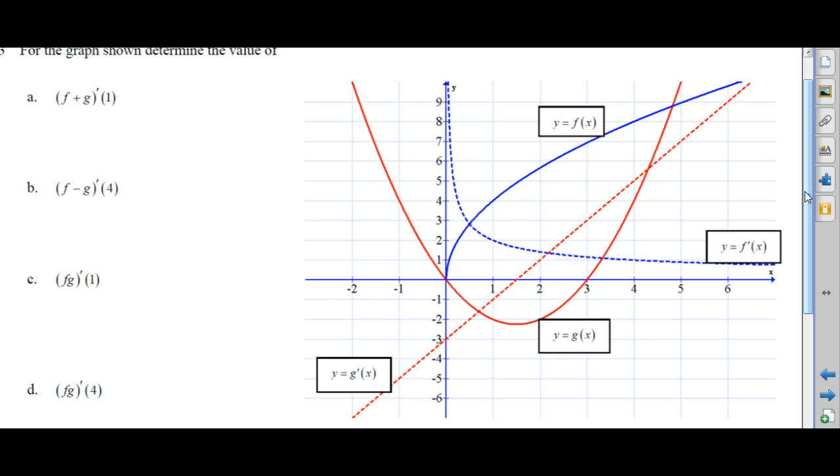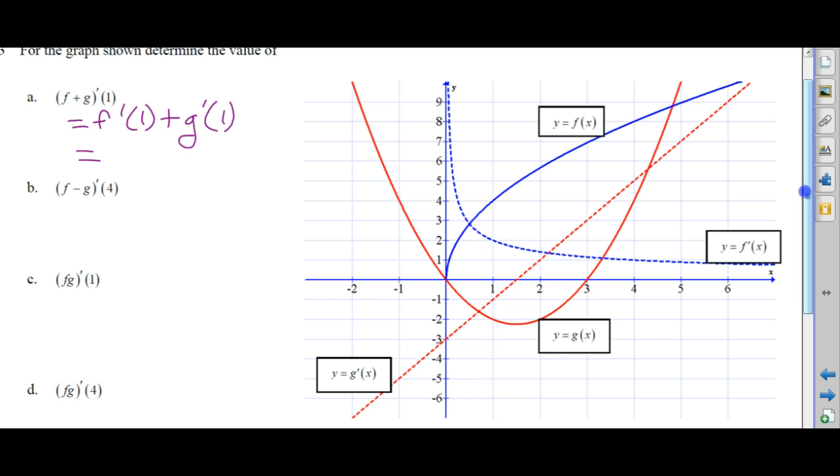So that's a sum, right? So what do we do for a sum of derivatives? Do the sum of the individual, right? So this is just going to be f prime of 1 plus g prime of 1. Okay, what's f prime of 1? Well, here's f prime of x.